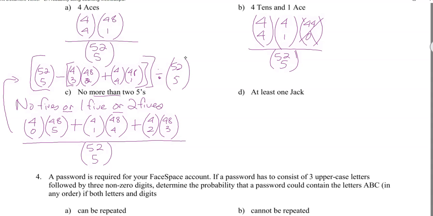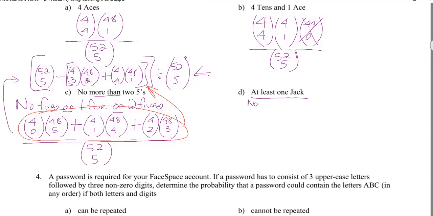But basically what we're saying is the numerator could be this, but it could also equivalently be that. So all possible combinations minus the ones that have 3 5s or 4 5s. From all you take away 3 or 4, what you're left with is no 5s or 1 5 or 2 5s. And that idea here is what we're going to use for at least 1 jack.